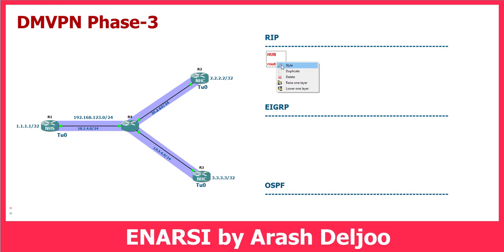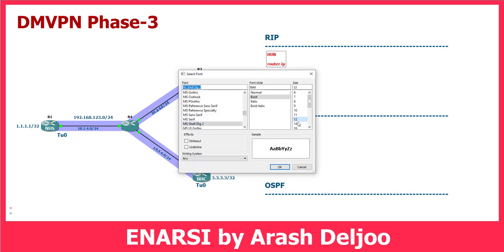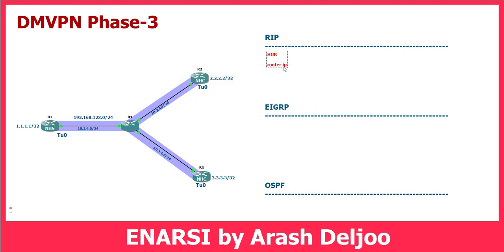After that we should configure the version for RIP, first version 2, for example. After that, let me configure no auto-summary, and then here we are configuring network 1.0.0.0 and also network 192.168.123.0. That's it. This is the configuration of RIP in the hub router.